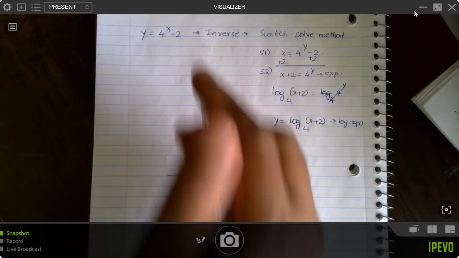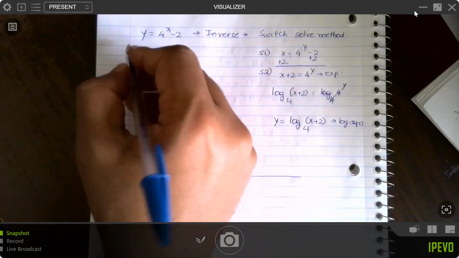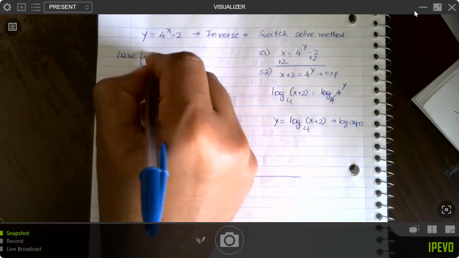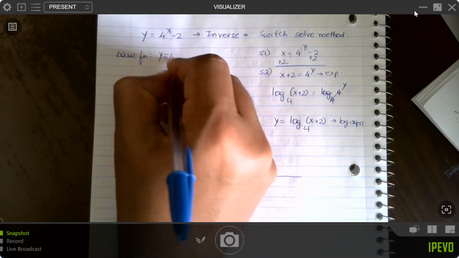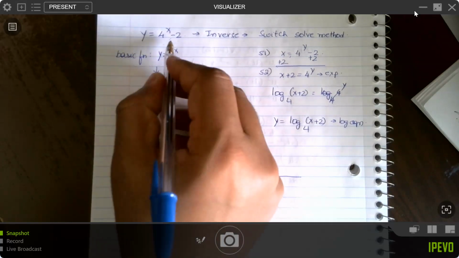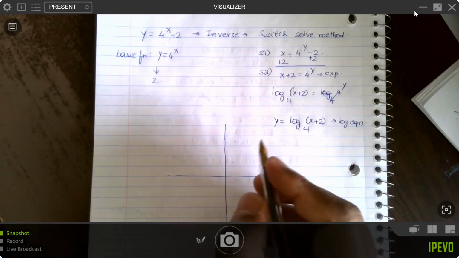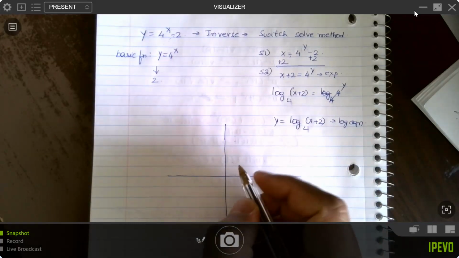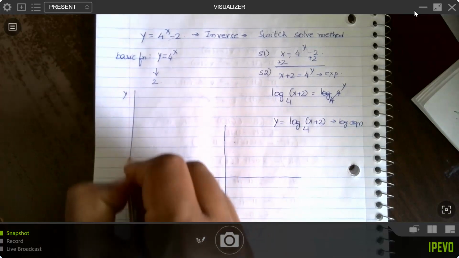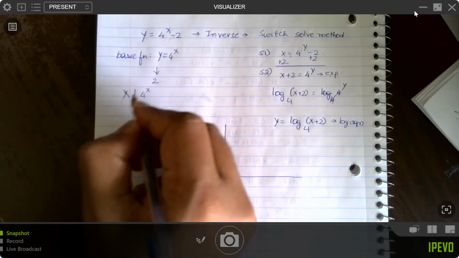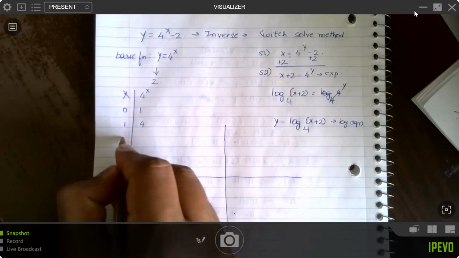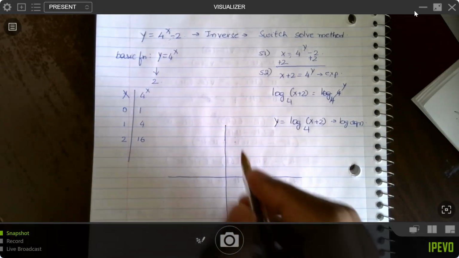So now if you're looking at y equals 4 to the x, here the basic function or the parent function is y equals 4 to the x. So now you're moving the graph down by 2 units because you're subtracting 2. The graph of y equals 4 to the x, when x is 0 you get 1, when x is 1 you get 4, when x is 2 you get 16, and so on.